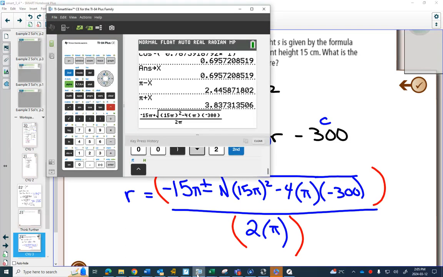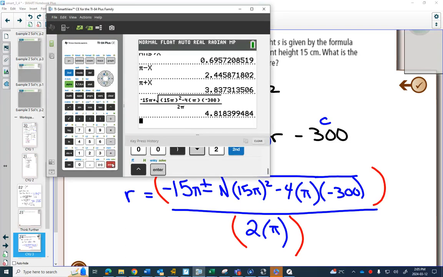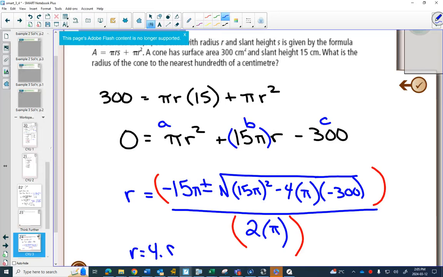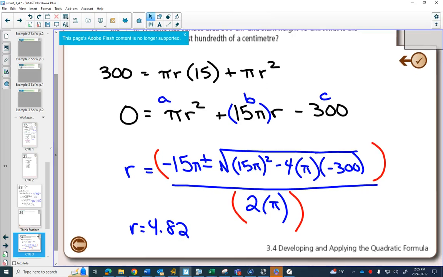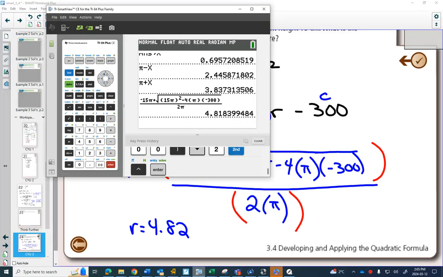So at this point, I can push enter, and I get 4.81. Rounded becomes 4.82. R is equal to 4.82. That's my one answer. And for my second answer, and this is where the calculator is really nice, if you have a graphing calculator, you can go second enter, and above enter in blue it says entry.